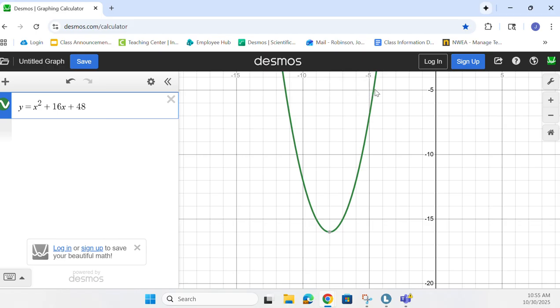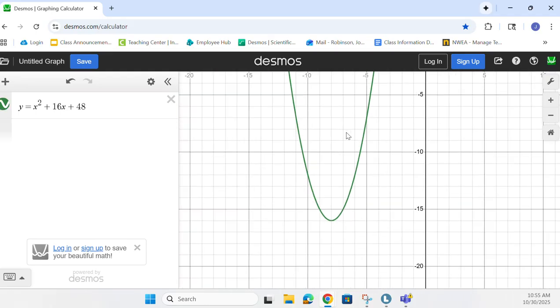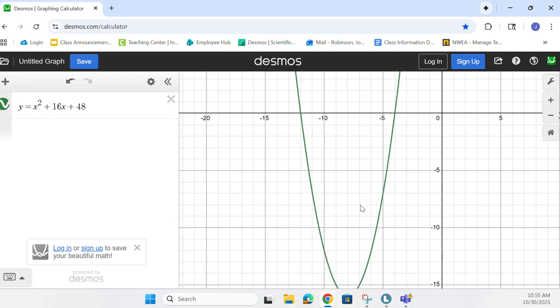But I'm saying, look, no, that's not the zeros. Remember, the zeros have to be where it crosses the x-axis. So you got to zoom up, pan up, and find where it crosses this line right here. That line is called the x-axis. Find where it crosses the x-axis. This one crosses the x-axis at negative 12 and negative 4.